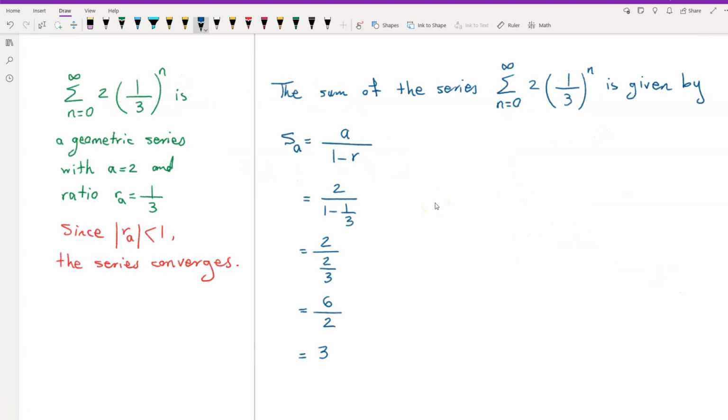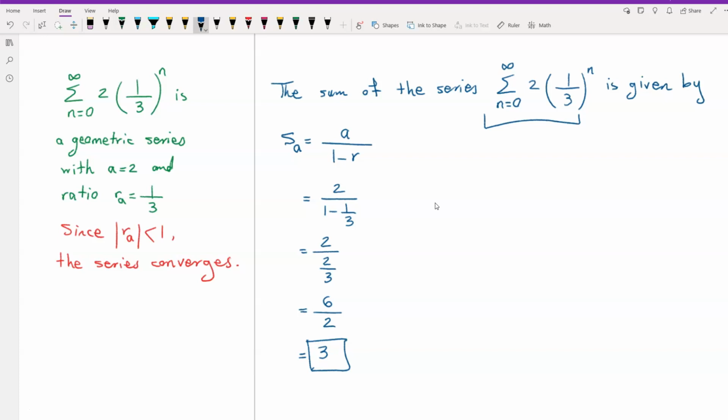The sum of this series is given by s sub a equal to a over 1 minus r. A is 2, r is 1/3. I'll simplify. The answer is 3 for s sub a. And that is the sum for the first part.